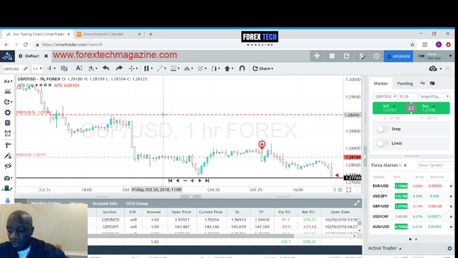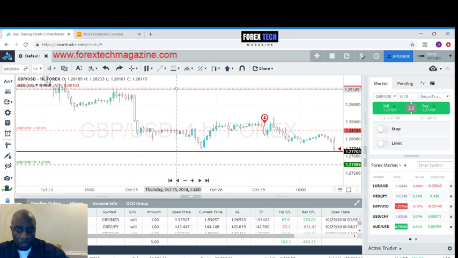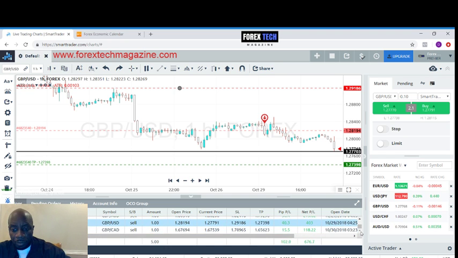And once again, as long as we're making lower lows and lower highs, what does that mean, folks? We're moving lower, right? That we're still in a downward trend, and that's key. Lower lows, lower highs means that we're still moving lower, downward trend, and we need to hold our position and keep going, right? More money to be made.